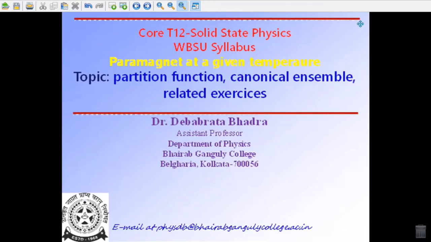Now we are considering the paramagnet, which is at a given temperature, right? So that will be proportional to the Boltzmann factor, that is e to the power minus E upon kT, where capital E is the energy of the small system. And subsequently, we have followed that the isolated paramagnetic system, the single spin, satisfies the Boltzmann distribution in a state of equilibrium.